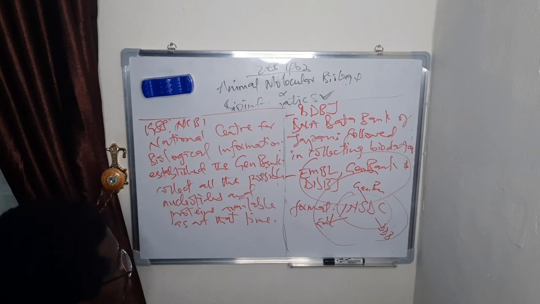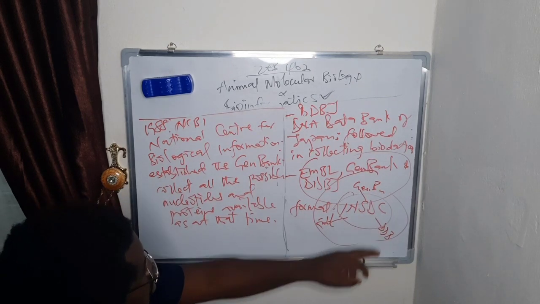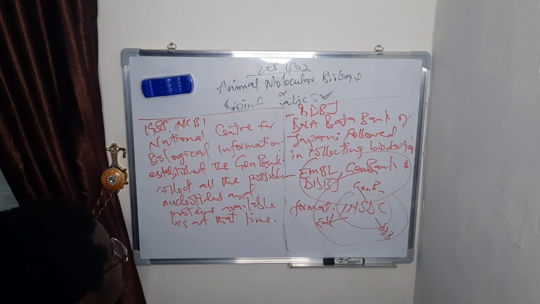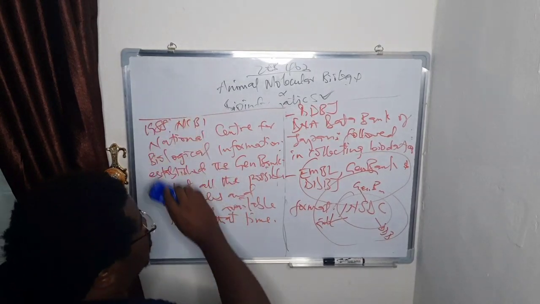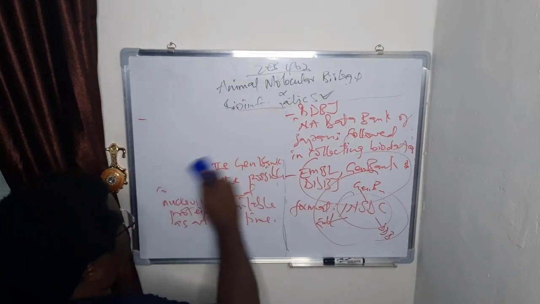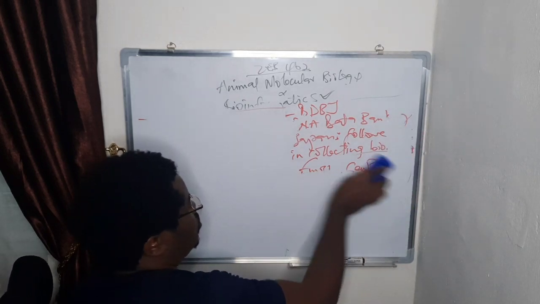I said GenBank, USA, Germany, and Japan. That brings us to the end of the brief history of the advent of nucleotides, nucleotide sequence and the protein sequence.